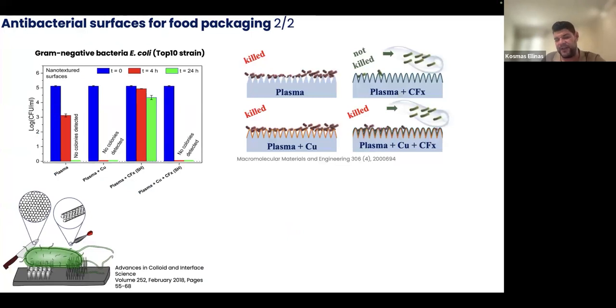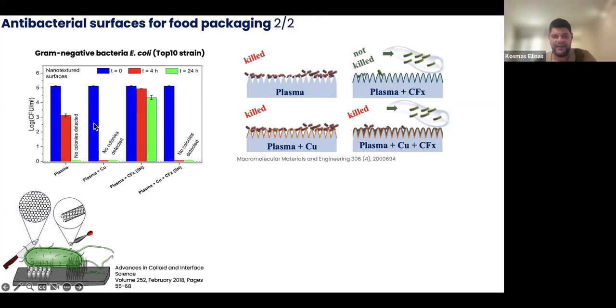One interesting observation in this is that instead of having metals or metal nanoparticles fighting the bacteria and eliminating them, there is an interesting micro and nanomechanical effect about the bacteria. So if you have a very sharp topography on your surface, you can kill the bacteria just by a mechanical killing effect without adding any toxic metal, any other antibacterial agent, anything else.